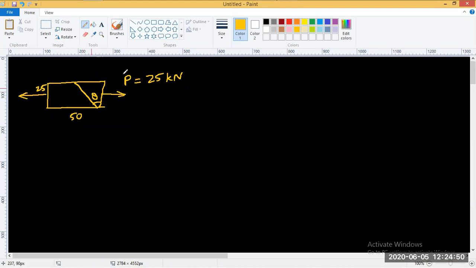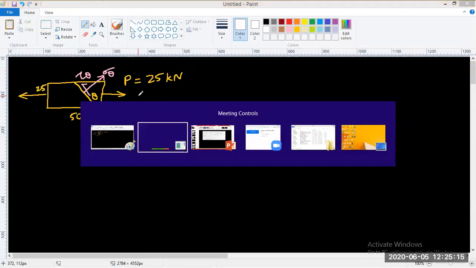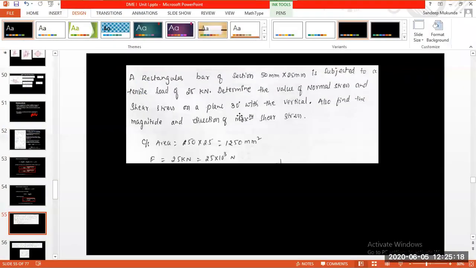He is asking for the normal stress and shear stress. Let's say the normal stress is called sigma theta and the shear stress is tau theta. What are these two values? That's the question here. Let's go back to the question once again: 30 degrees with the vertical, and also find the magnitude and direction of maximum shear stress.